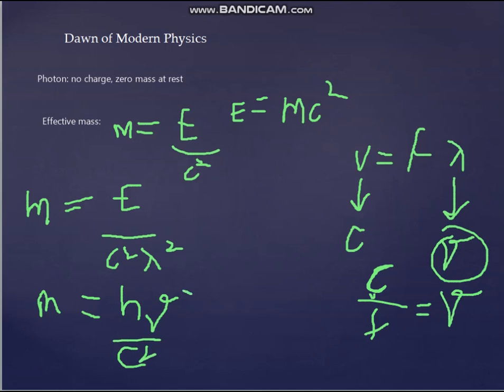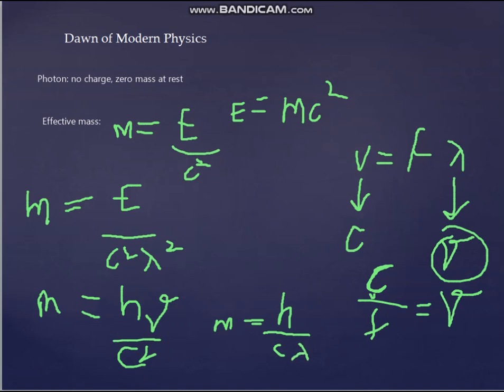So we're writing it in terms of this. This is frequency, mass in terms of frequency. Now we have another formula where we write m equals h over c lambda. So we have discussed a few formulas of the effective mass of a photon.